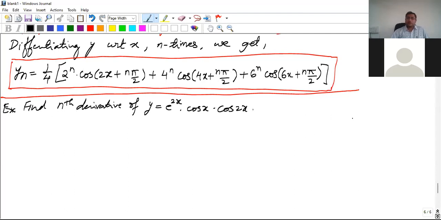So we have the function, and we want to find the nth derivative of this function. Okay, so let's go for the nth derivative.